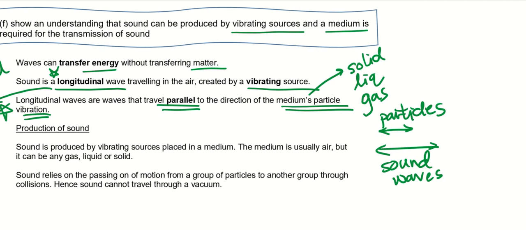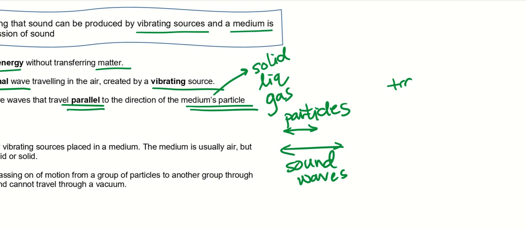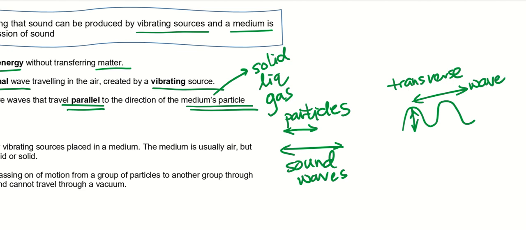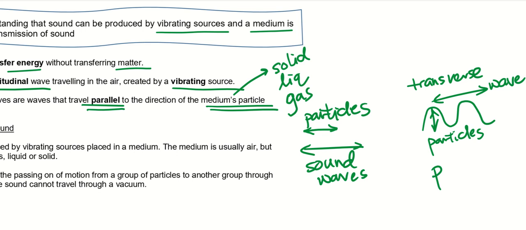This is opposite from transverse. Remember transverse? The particles go up and down, but the wave goes in a direction that is perpendicular to it. So this is the particles' vibration, but the wave direction is perpendicular. The keyword to think of is perpendicular for transverse waves.